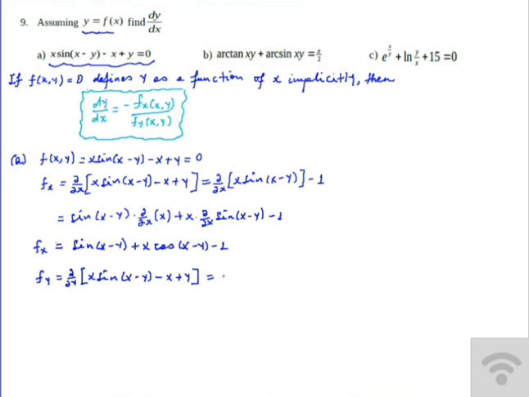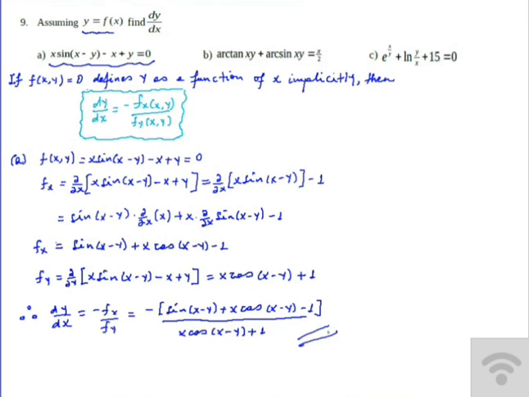So this becomes x times cosine of x minus y plus 1. Okay, therefore dy by dx becomes the negative of fx by fy. This is our dy by dx for the a part.